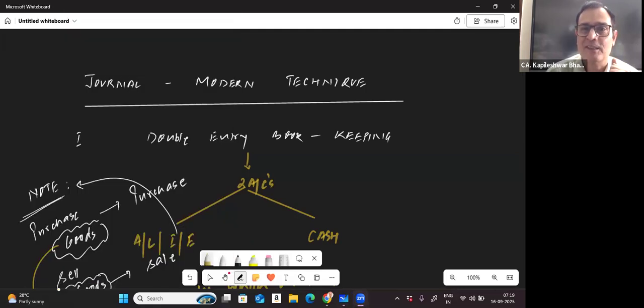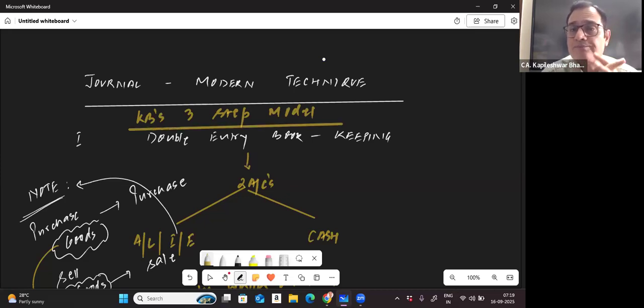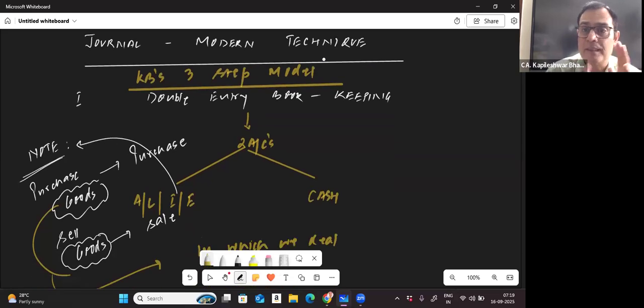I like it. That's called the KV's three-step model. Patented rights. So I'm going to put the heading: this is KV's three-step model. And go step by step. Trust me, you'll never ever go wrong in life. You just need to go step by step. KV's three-step model. So I guess I'm pretty clear in terms of my first step out of the three.